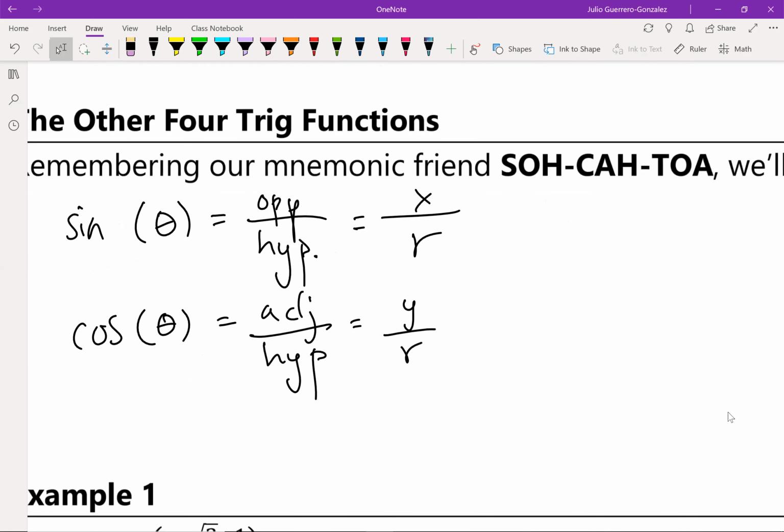And the last one that we covered was tangent of theta, which is the opposite divided by the adjacent. And if we use our x's and our y's, that's the x divided by the y. Cool?